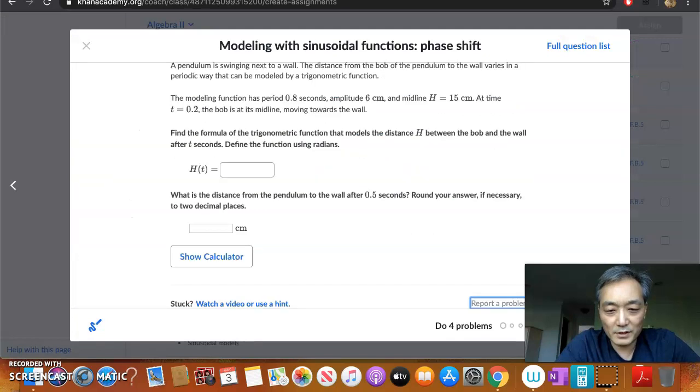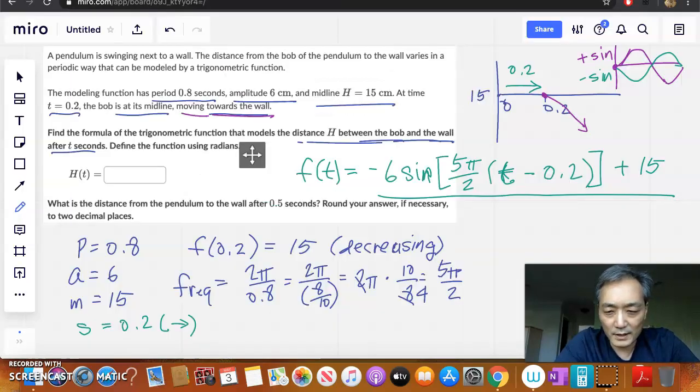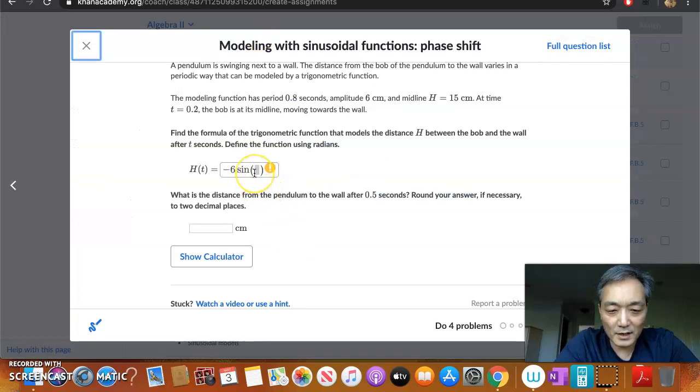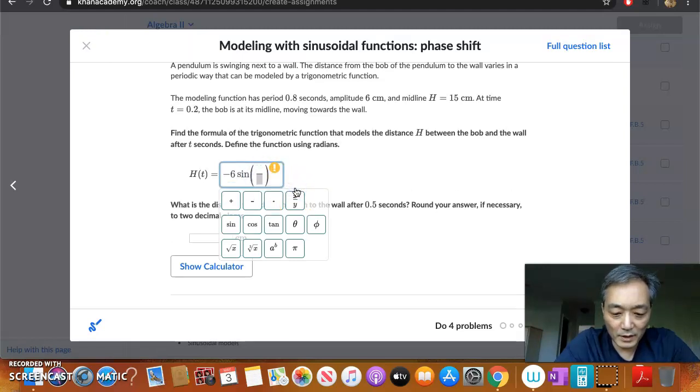So negative 6 sine, and I'm going to use parentheses here, parentheses, and then we had 5 pi over 2. Okay, don't use back brackets in Khan Academy because it'll mark you wrong. For some reason, it does not like brackets. So it's 5 pi over 2, right?